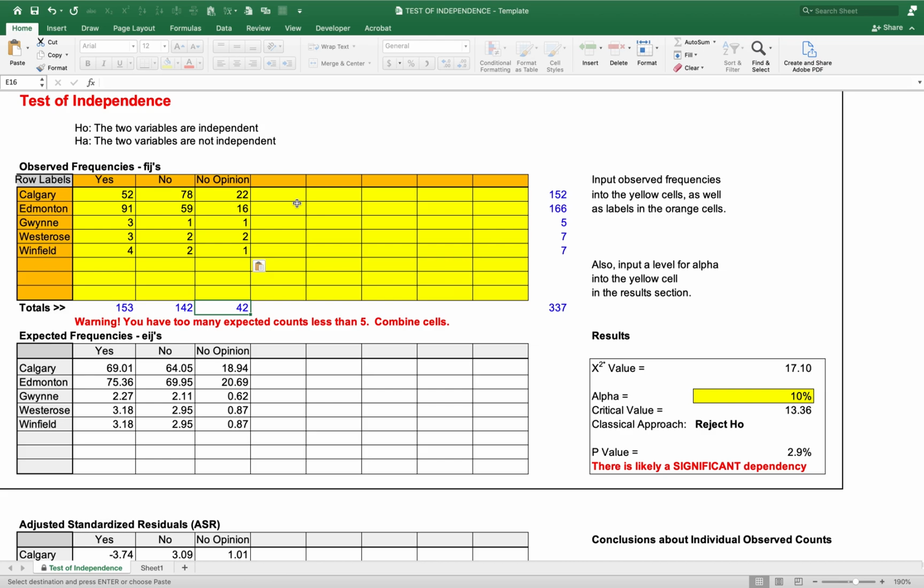small frequencies. So then you take a look down here and say, here's where the problems lie, is we only have 5 for Gwyn, 7 for Westerose, and 7 for Winfield here. And you can see those down here in the very small Eijs. So you'll need to either get rid of them or put them together.